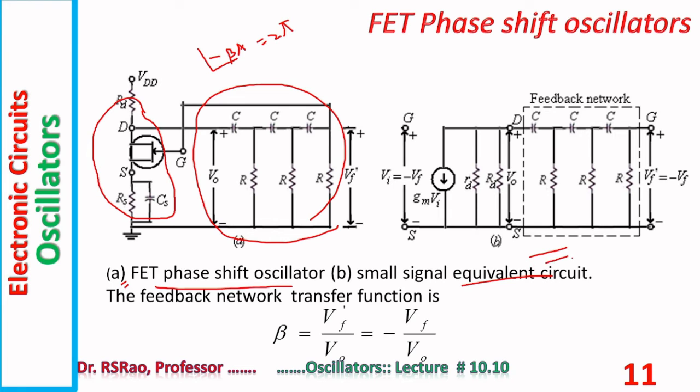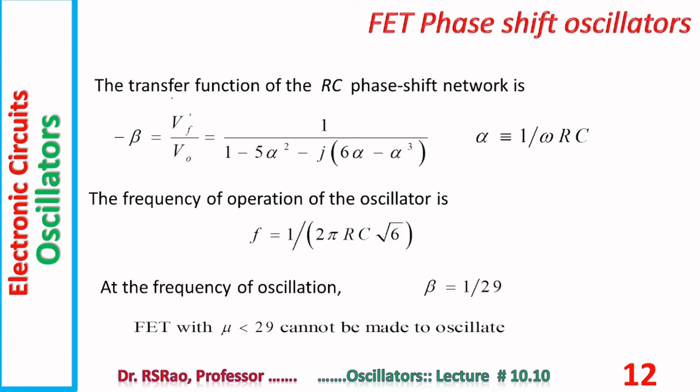Equivalent circuit is shown in B. The transfer function of RC phase shift network is minus beta is equal to Vf prime by V naught. Using circuit analysis techniques, one can show it as 1 over 1 minus 5 alpha square minus j 6 alpha minus alpha cube.